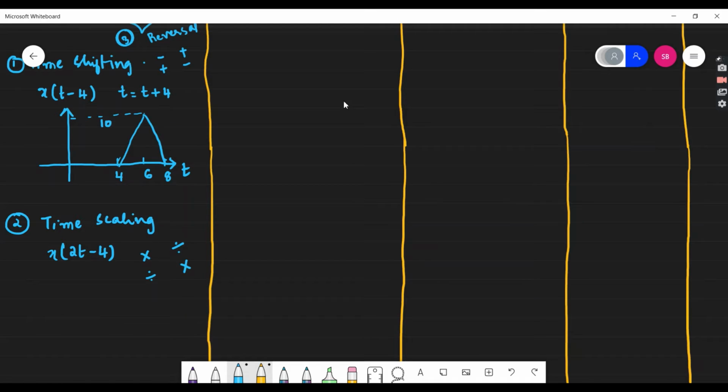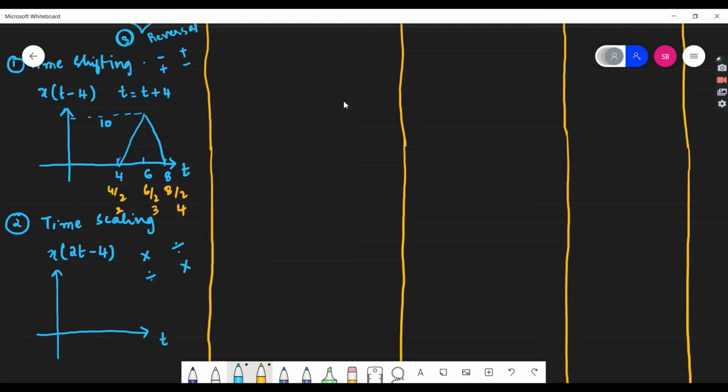So I will divide this time scale by 2. If I divide this by 2, 4 by 2, 6 by 2 and 8 by 2, which is 2, 3 and 4. So the signal I am going to obtain for time scaling will be something like this. This is x of 2t minus 4 and this is time t.